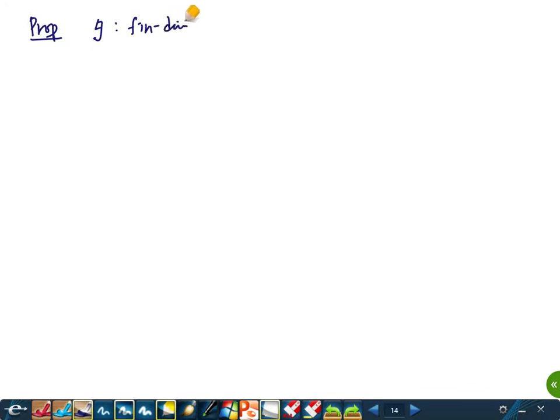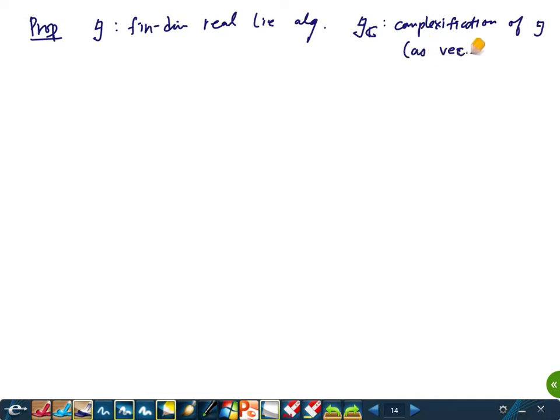Let g be a finite dimensional real Lie algebra, and g_C the complexification of g. Here, of course, this is as a vector space. We don't know yet how to make the complexification of a Lie algebra. So as a vector space, we know that.